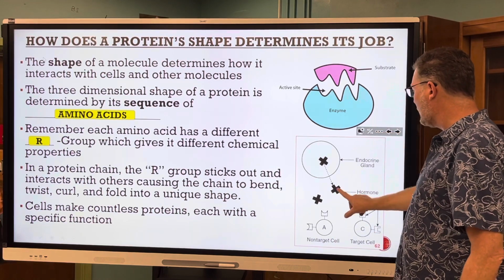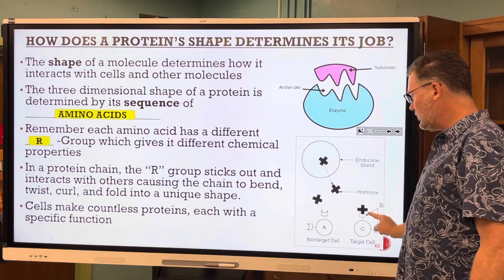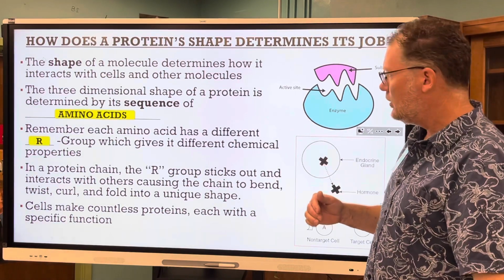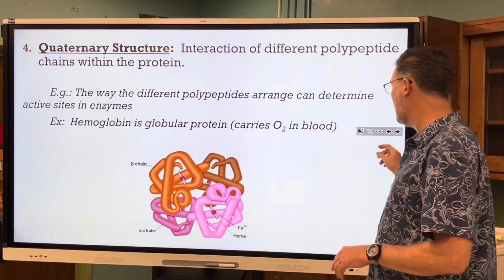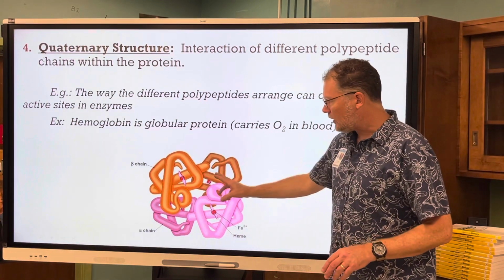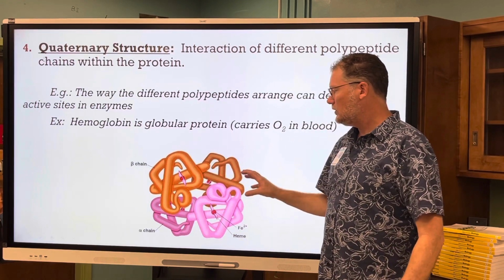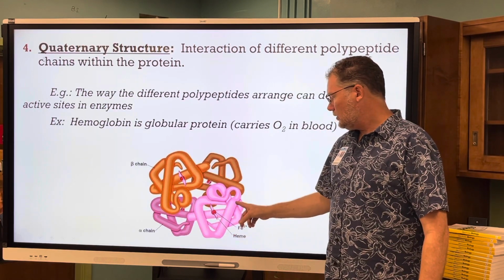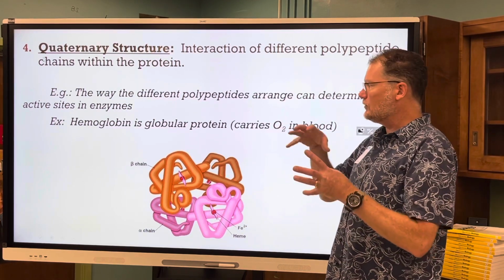So certain parts stick out of the protein and can only match up with other cell membranes, particular cell membranes. So that's why they fold like this. And so you've got these different chains with different amino acid R groups sticking out that can react in different ways.